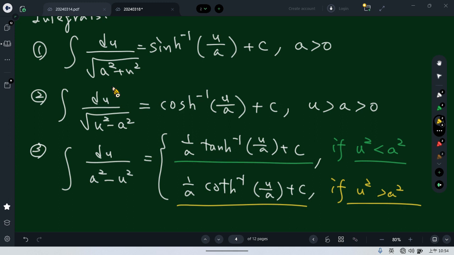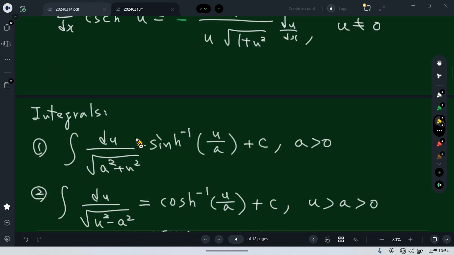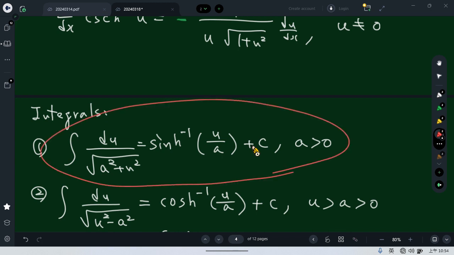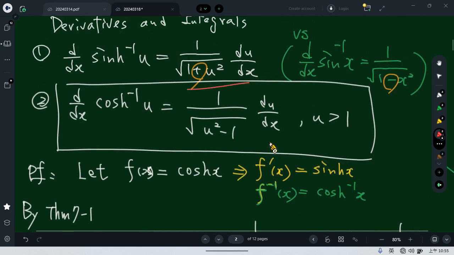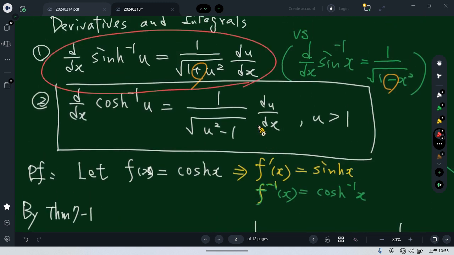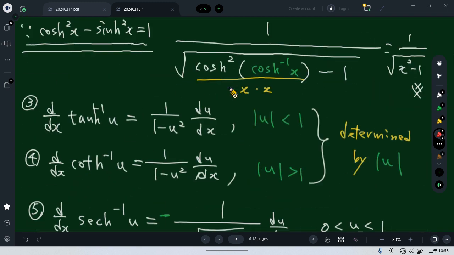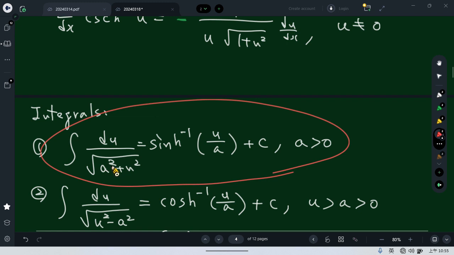And last time I also told you that actually this formula comes from this one, right? So they look alike, right? You can see here, this is 1 over the square root of 1 plus u squared. But here, we are trying to get the integral of 1 over the square root of u squared plus a squared.